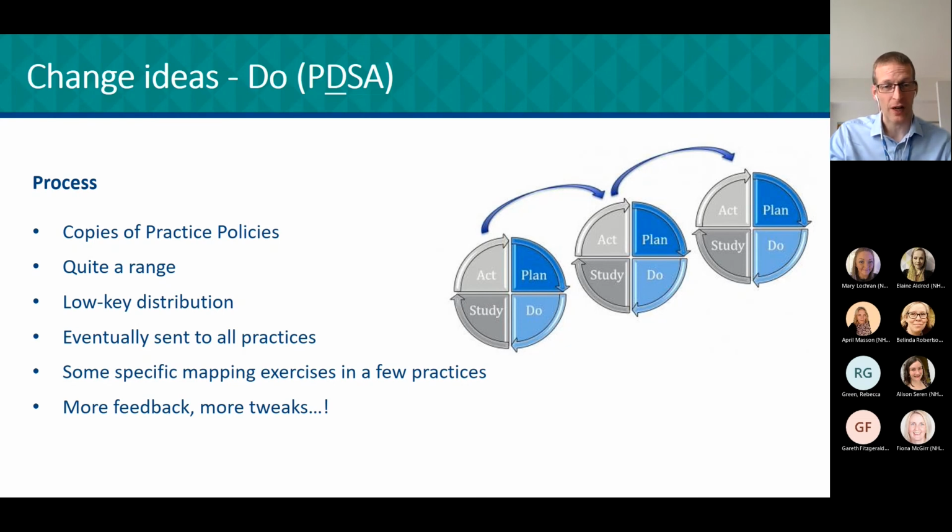I think we've been to 5 practices and mapped out their current process, and had a look at what we would need to change to be able to process that. And as the PDSA cycle, it's just repeated and repeated, lots of little tweaks as we go, and lots of little changes, and republishing, even for minor changes. Next slide, please.